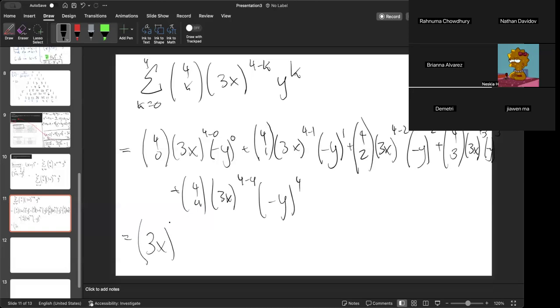This is 4 choose 0, 3x to the 4. 3x to the 4 is, let's see, 3, 9, 81 x to the 4, plus 4 choose 1. This is a long computation. This is kind of annoying, but you have to do it anyway.